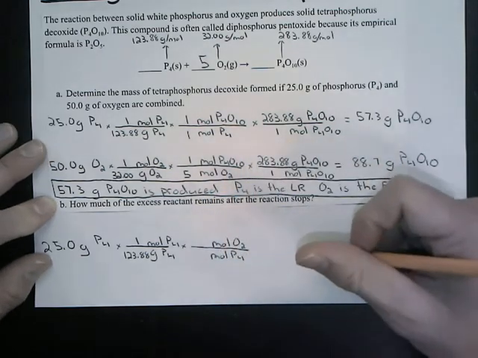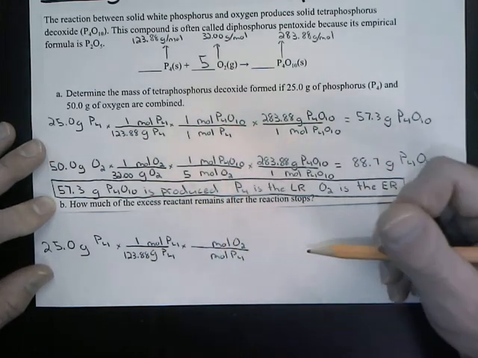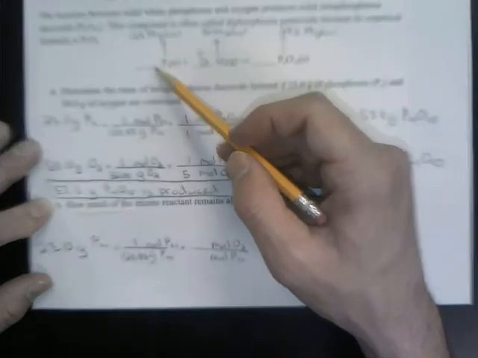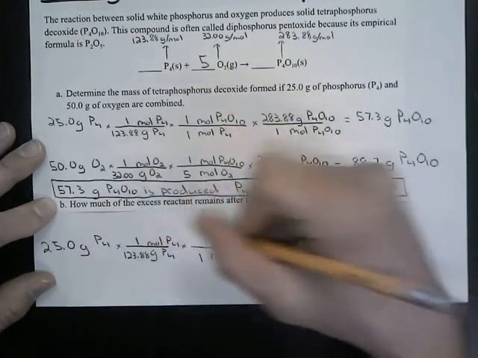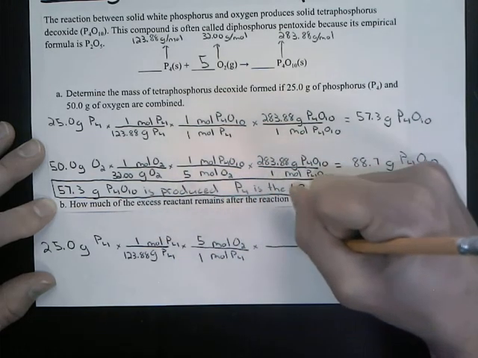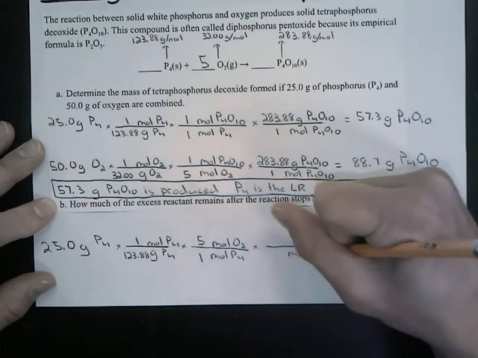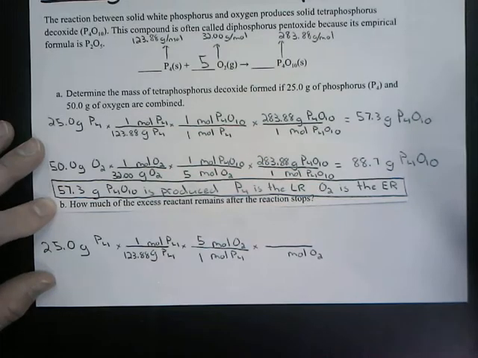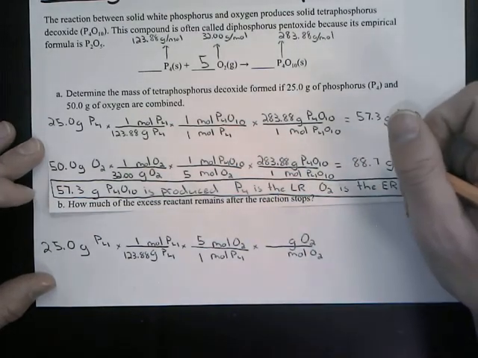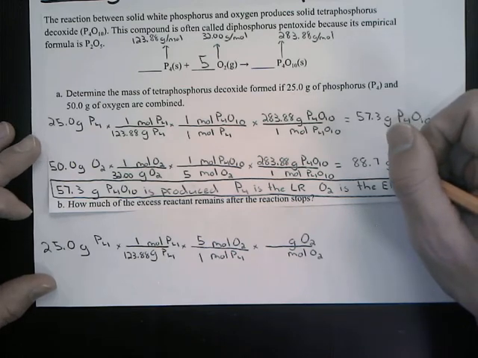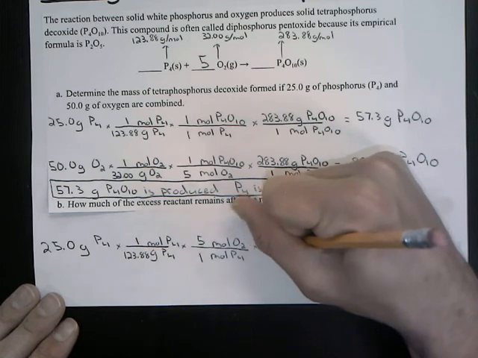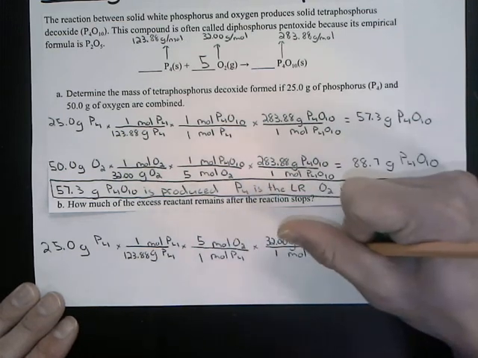Again, you're converting your limiting to your excess. We find our mole ratio, which here is 1 mole of P4 to 5 moles of O2. And then we need to convert moles of O2 to grams of O2. So the number of grams of O2 is 32.00 grams per 1 mole.